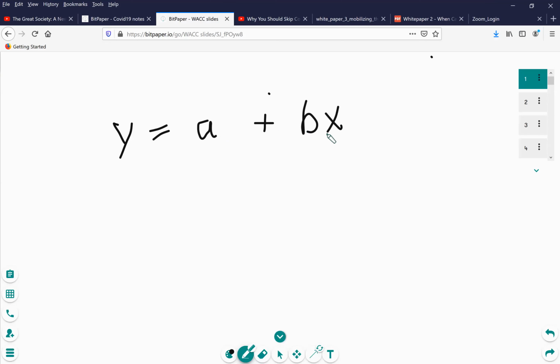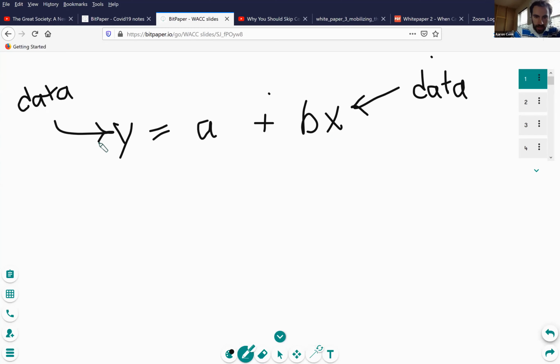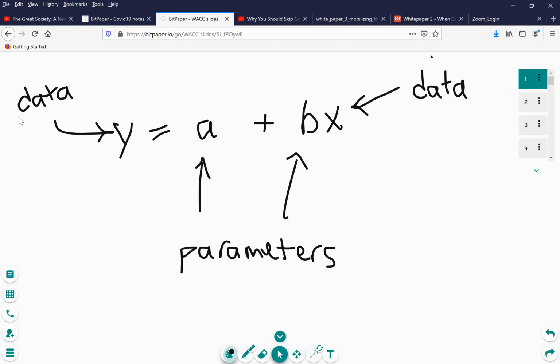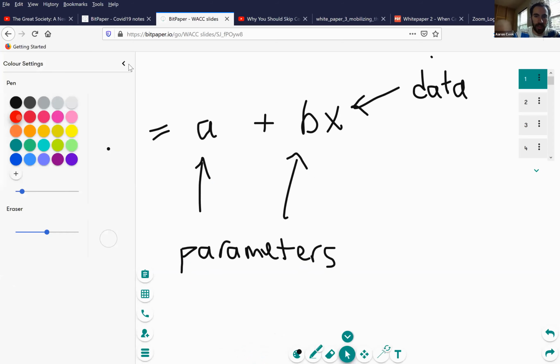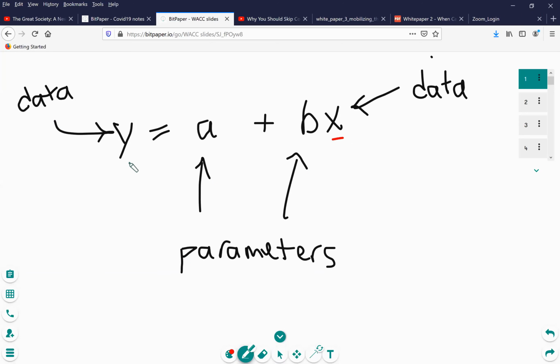In the case that you're estimating this linear model, both of these, you have data. X is your data, y is also your data, and then this a and b, these are both parameters that you want to estimate. You want to choose a and b such that you get the best fit line between these two data sets.